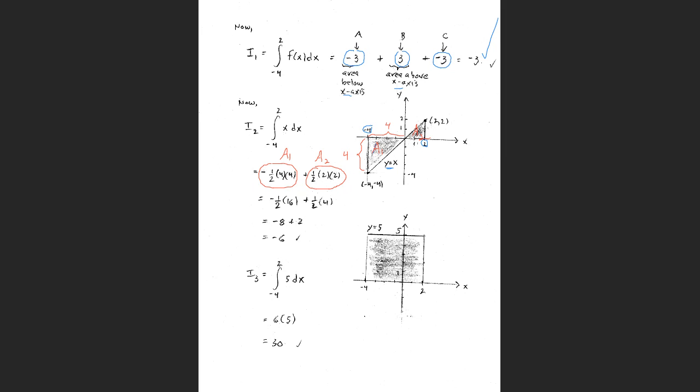So the second area is -6. Now, we had to draw the function x from -4 to 2. Now for the third integral, our function is 5. So I draw y equals 5 here, from x equals -4 to x equals 2. I'm looking for the area of a rectangle, and the area of a rectangle is base times height.